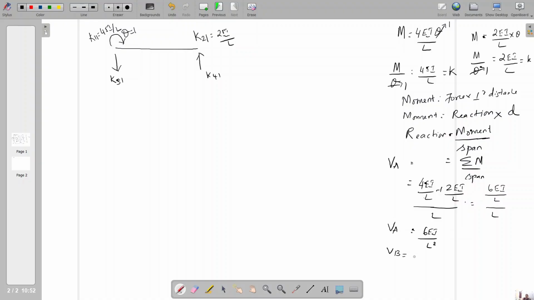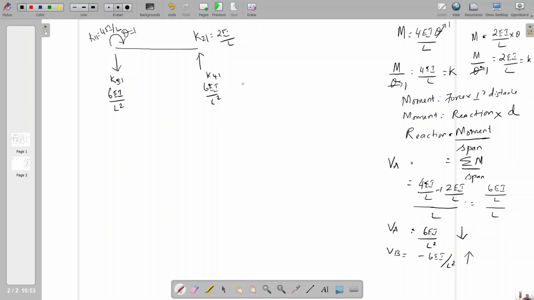There is no external load, so it is minus 6EI by L square, or otherwise if it is downward direction, VB will be upward direction. So here I am marking the direction as downward and upward, so no need to consider this minus. So we can write only 6EI by L square, here also 6EI by L square. So first step is finished.